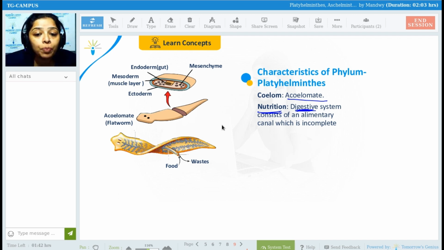They have a special kind of structure. They don't have locomotory appendages, they don't have flagella, they don't have limbs. They have a special kind of feature, and these features are called adhesive organs.